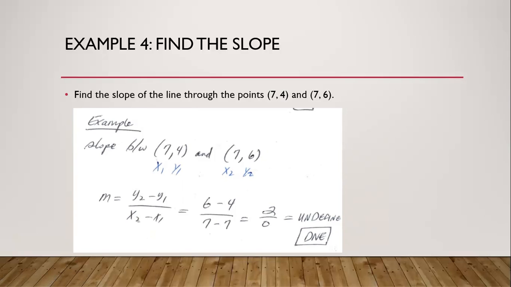It is literally impossible for your calculator to take 2 divided by 0 and give you a number. You can try it on 1,000 calculators and it will never give you an answer, because you cannot divide by 0.